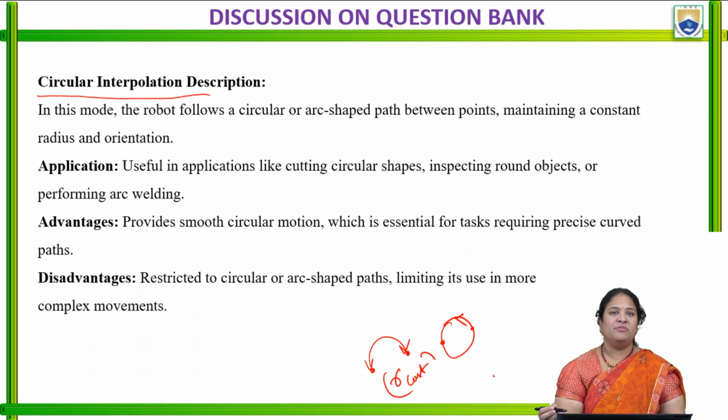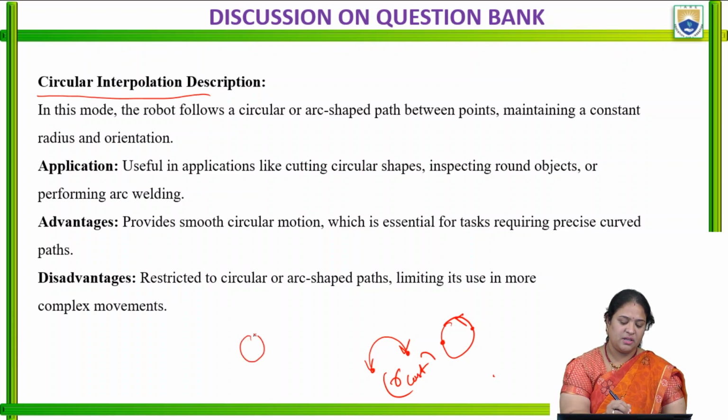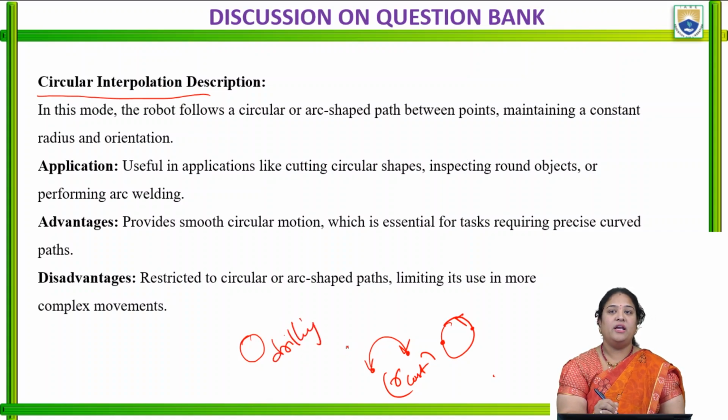The best examples for this circular interpolation path control system are cutting circular shapes, drilling operations, inspecting round objects, or performing arc welding.